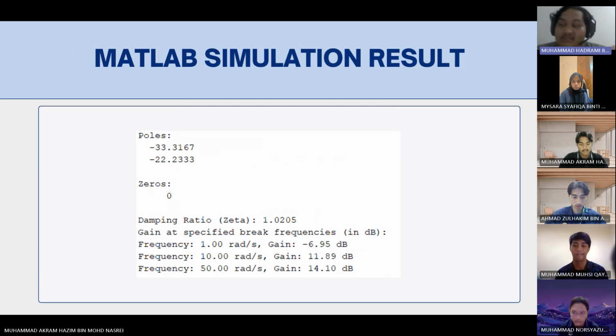In this MATLAB simulation result, it shows our zero is 0, and poles are negative 33.3167 and negative 22.2333, which means both are on the left side of the graph, which means we successfully made our amplifier stable.